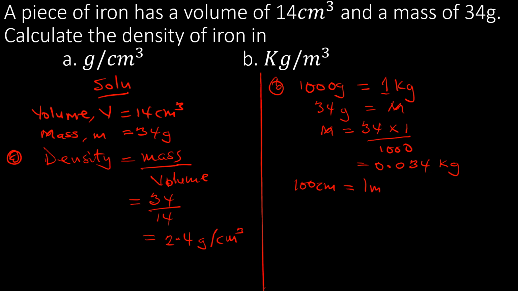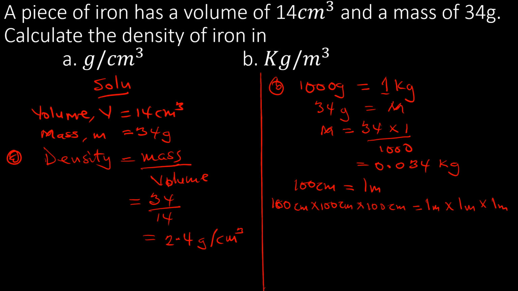But what we have here is centimeter cubed, meaning you have to multiply the 100 by itself 3 times. So 100 centimeters times 100 centimeters times 100 centimeters is equal to 1 meter times 1 meter times 1 meter.